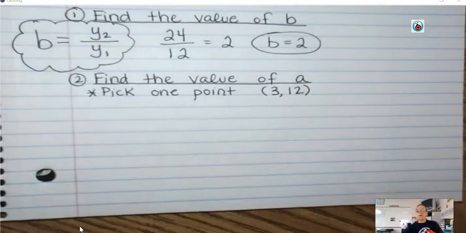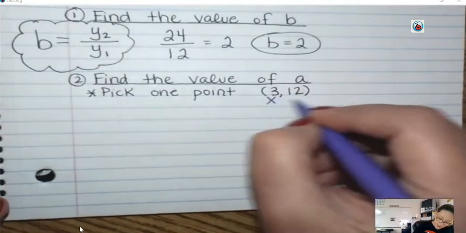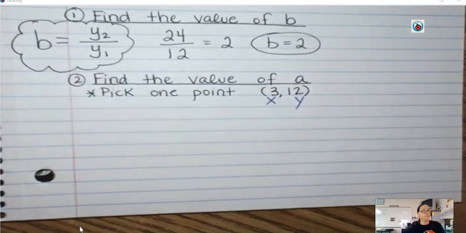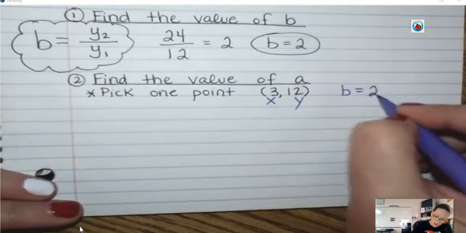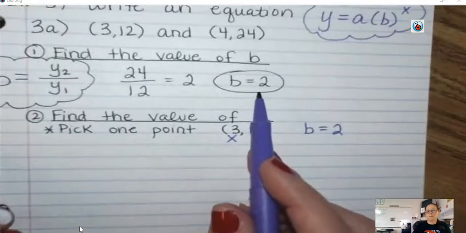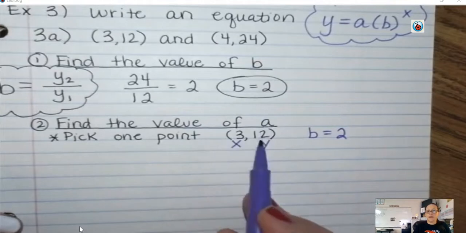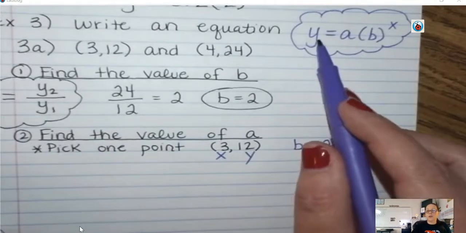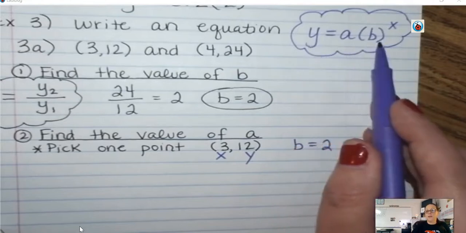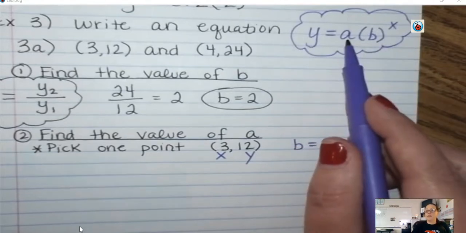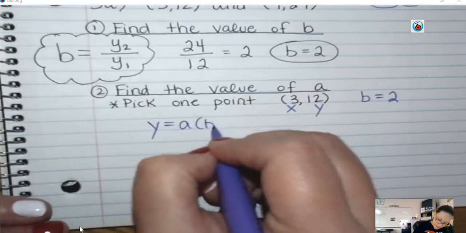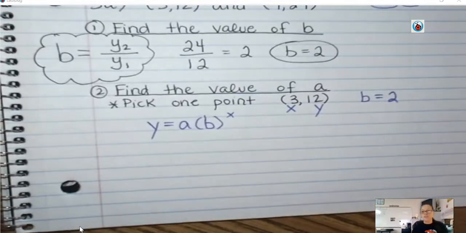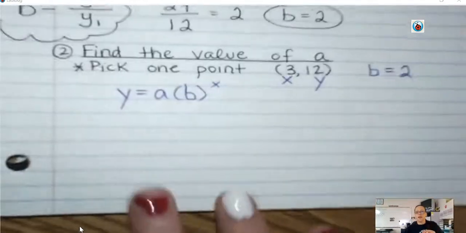So when I have 3, 12, we all know that 3 is our x, 12 is our y, right? I also know what b stands for from the first part of the question above. So I know my b, I know an x, and I know a y. I need to solve for a. So you're just going to take that equation, y equals a times b to the x power, and substitute in the 3, the 12, and the 2, and solve it for a.